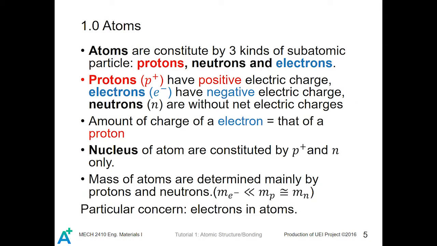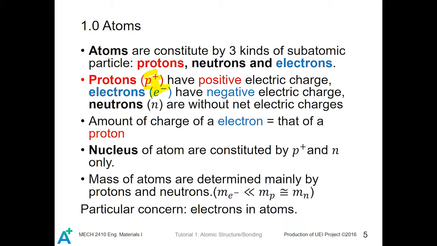Atoms are constituted by three kinds of subatomic particles: protons, neutrons, and electrons. Protons, its symbol is here, have a positive electric charge. Electrons, the symbol is here, have a negative electric charge.